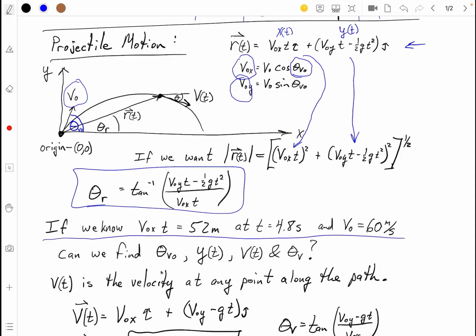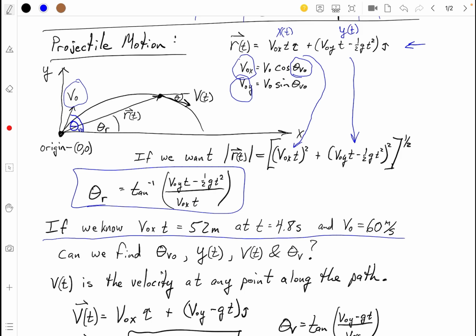Now, I don't know. Here we go. If we know V naught x times t is equal to 52 meters, and we know that t equals 4.8 seconds, and we know that V naught is equal to 60 meters per second, can we find theta V naught? Can we find y of t at that point? How high is it off the ground?